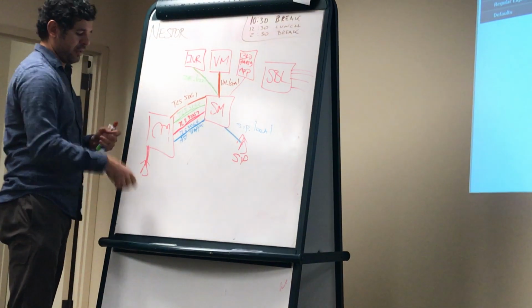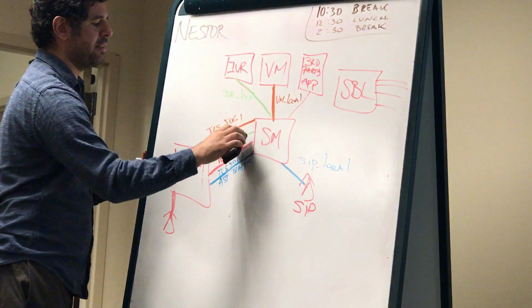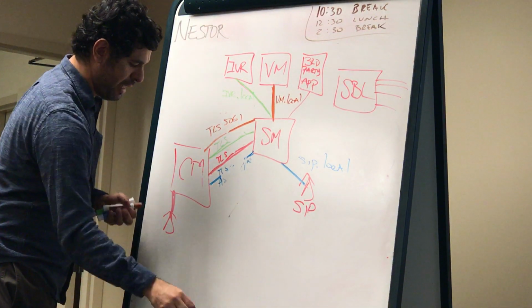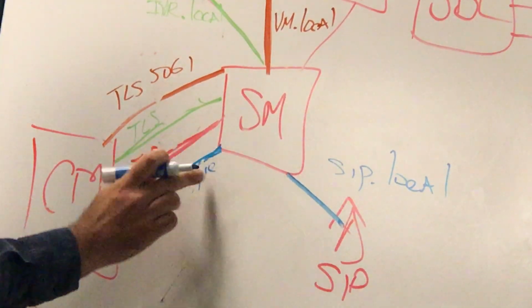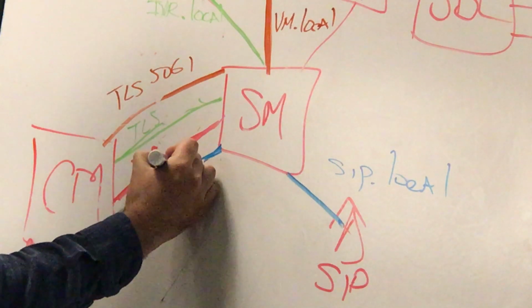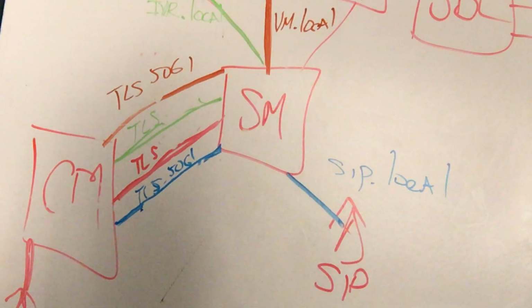And then your signaling groups and your entity links all have the same port, so you're not changing the port. TLS 5061 for everybody.